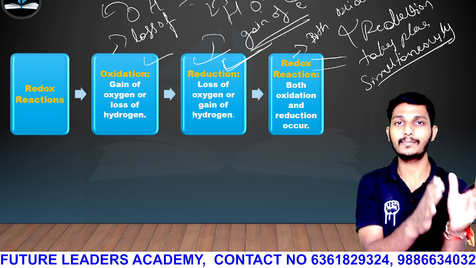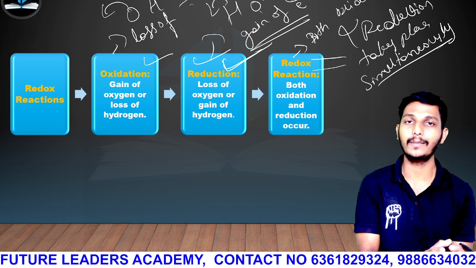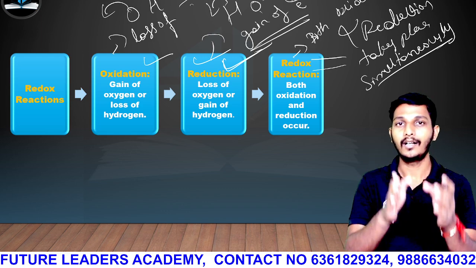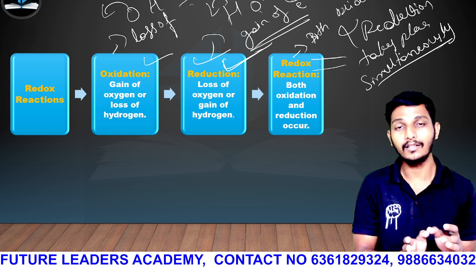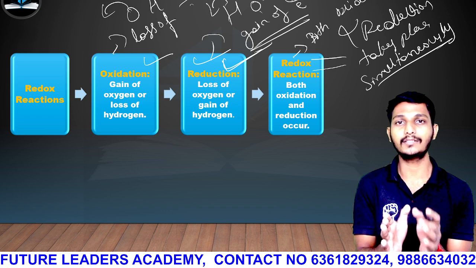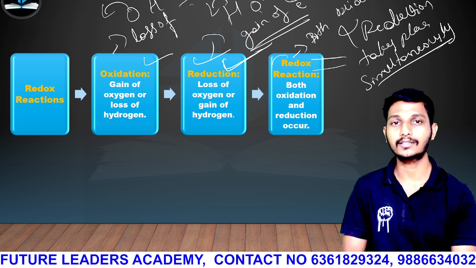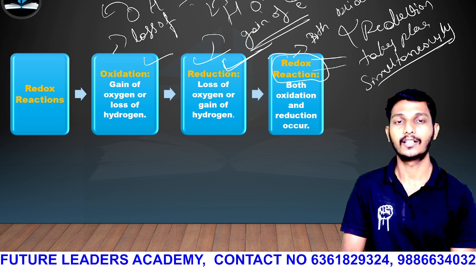In the same reaction there is oxidation and also reduction. Gain of oxygen and loss of hydrogen, and also gain of hydrogen and loss of oxygen, both take place in the same reaction. That is what we call a redox reaction.